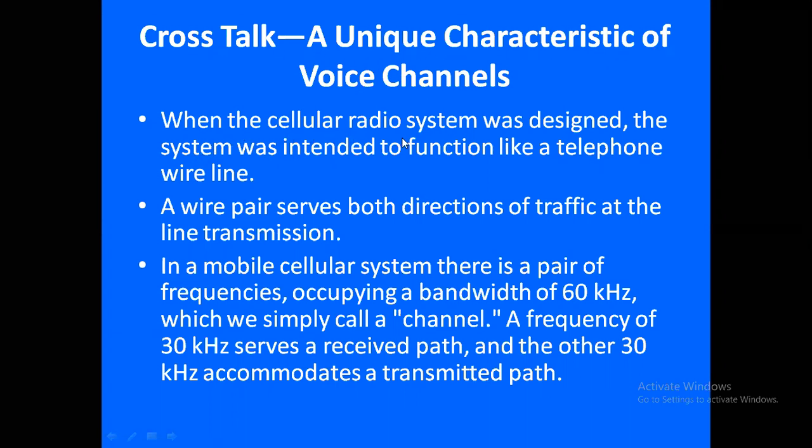When the cellular radio system was designed, the system was intended to function like a telephone wireline. A wire pair serves both directions of traffic at the line transmission. In a cellular system, there is a pair of frequencies occupying a bandwidth of 60 kilohertz, which we simply call a channel.